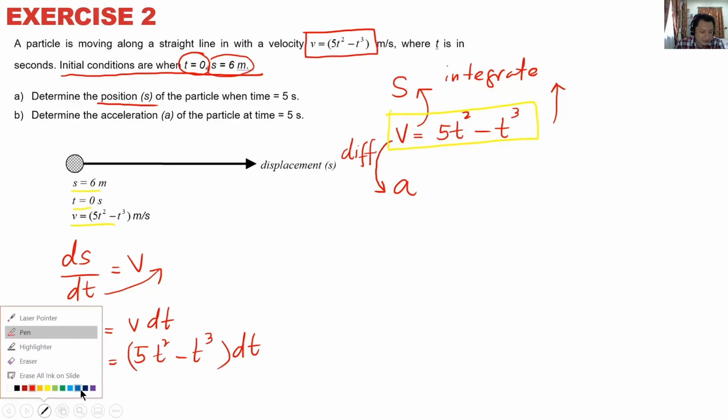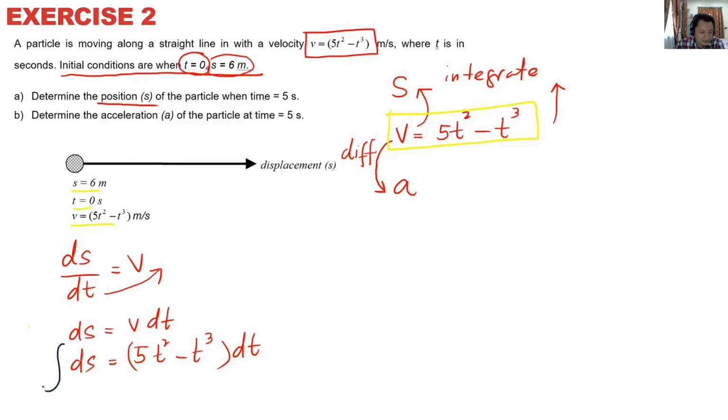Now you have to put in your integration limits. The original displacement already has a value, 6. When time is equal to 0, s is equal to 6. So you have to put 6 here.